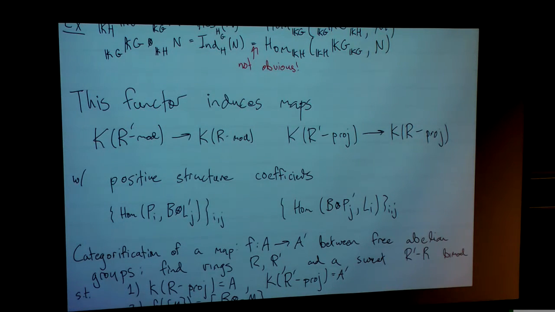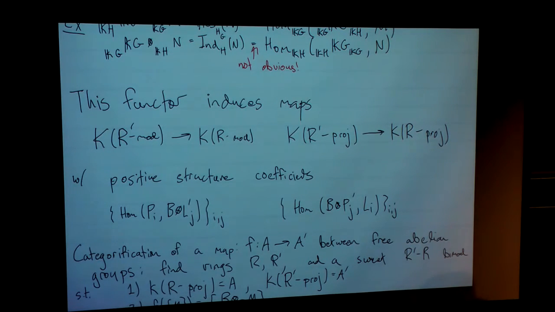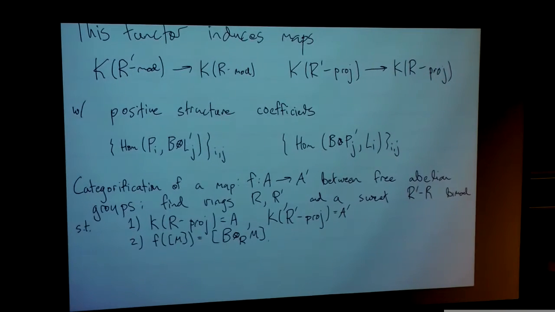The matrix of these maps, in terms of the basis, I can write as the dimensions of Hom from projectives to other objects. One of them is Hom from projectives to the simples tensored with B, and the other one is Hom from B tensored with a projective to the simples. B is the bimodule. For any sweet bimodule B, these have non-negative integer structure. All of these numbers are non-negative integers.